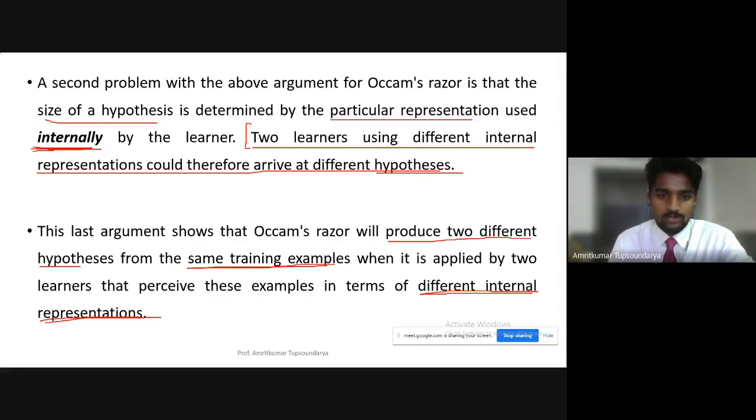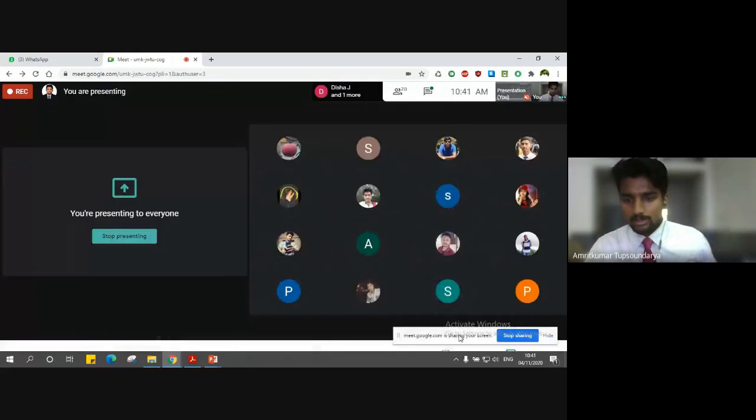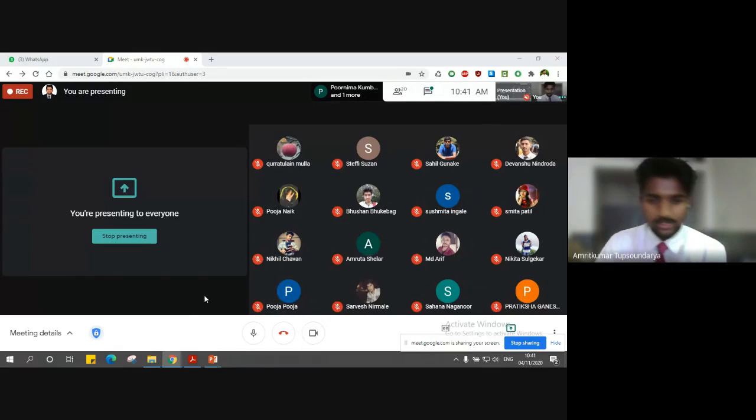We discussed issues with respect to the Find-S algorithm and the candidate elimination algorithm. We will discuss the issues with the ID3 algorithm, which is the decision tree learning algorithm, in the next class. But before that, I would like to know from you if there is any doubt or question so far that needs to be addressed.